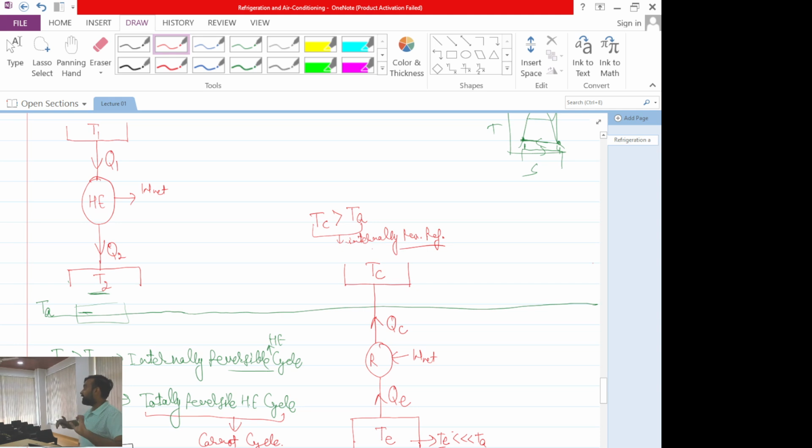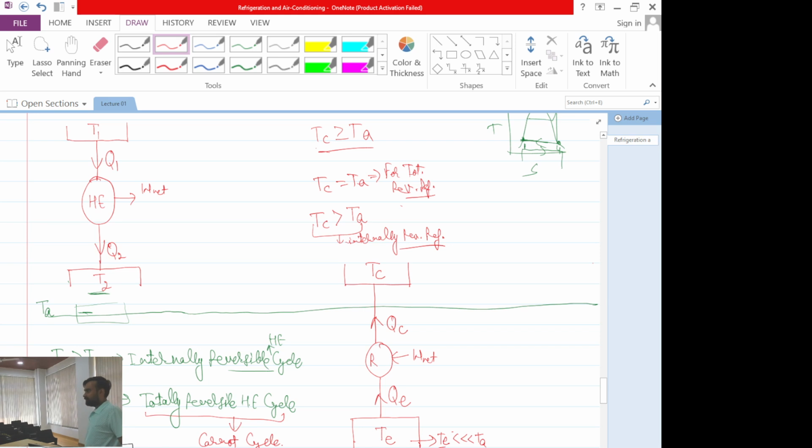However, if you take a totally reversible refrigerator, then what will be happening? Tc has to be equal to Ta for a totally reversible refrigerator. Okay? And in general, the condition can be written that Tc has to be greater than or equal to Ta.